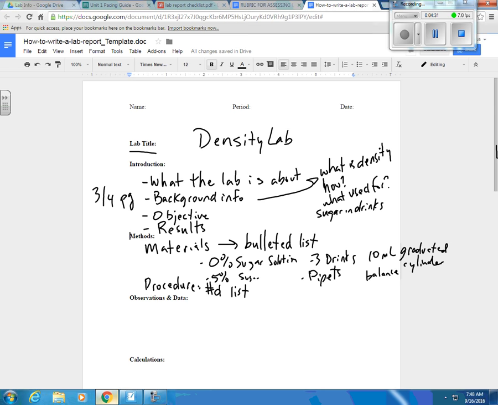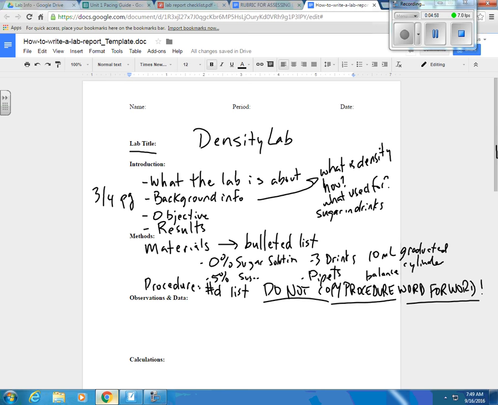Do not copy the procedure from the paperwork word for word. You can use it as a guideline, but do not copy it. So that's in your methods section.